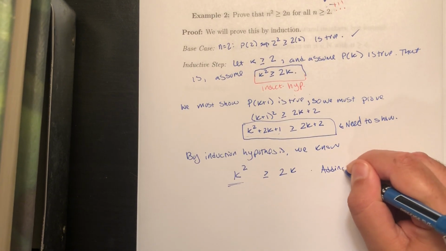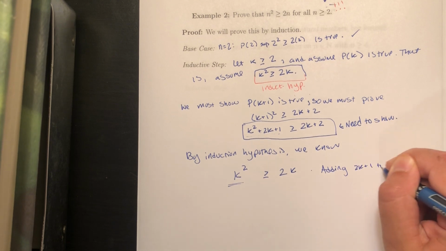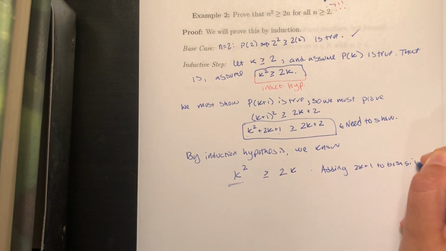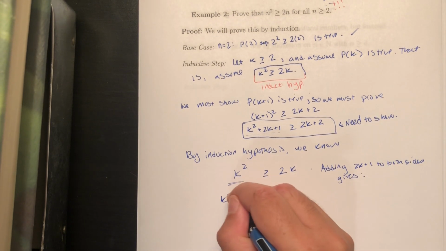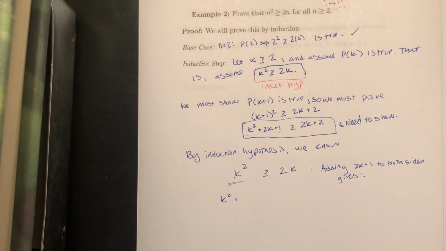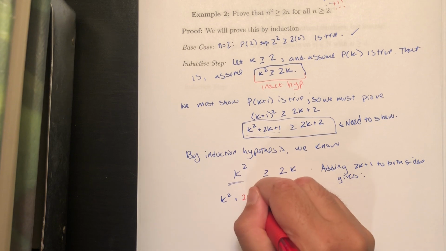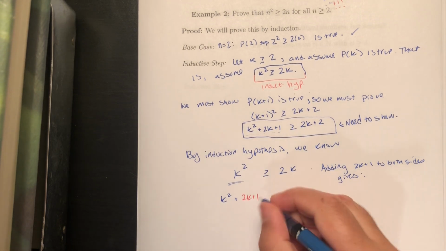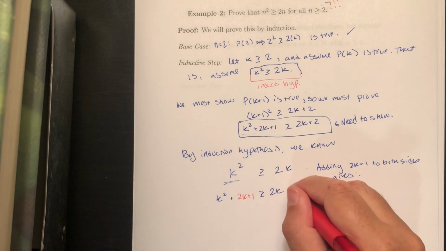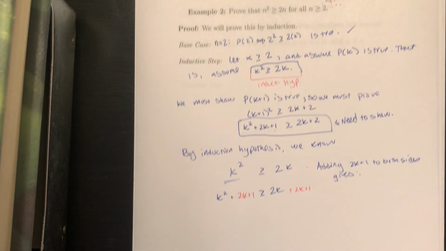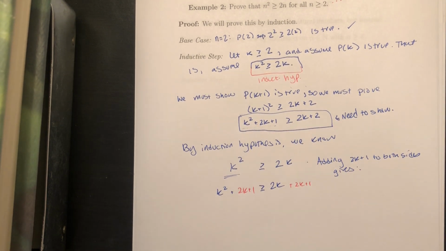So adding 2k plus 1 to both sides gives us k squared plus 2k plus 1 is greater than or equal to 2k plus 2k plus 1. All right, now this is what we want on the left-hand side, right?